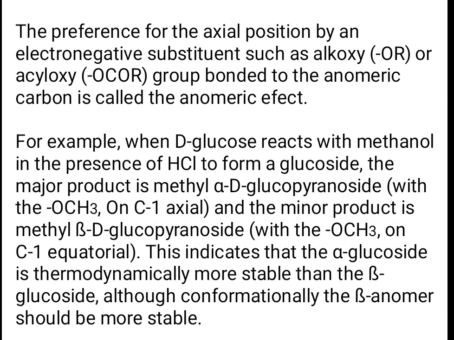The preference for the axial position by an electronegative substituent such as an alkoxy or acyloxy group bonded to the anomeric carbon is called the anomeric effect. For example, when D-glucose reacts with methanol in the presence of HCl to form a glucoside, the major product is methyl alpha-D-glucopyranoside with the OCH3 on C1 at the axial position, and the minor product is methyl beta-D-glucopyranoside with the OCH3 group on C1 at the equatorial position.